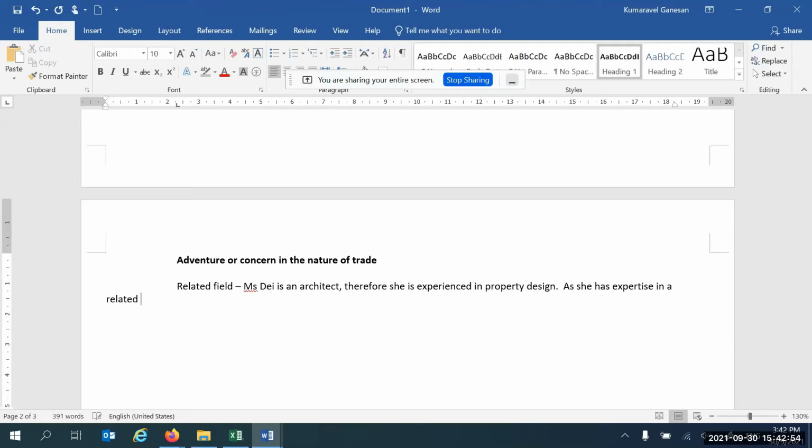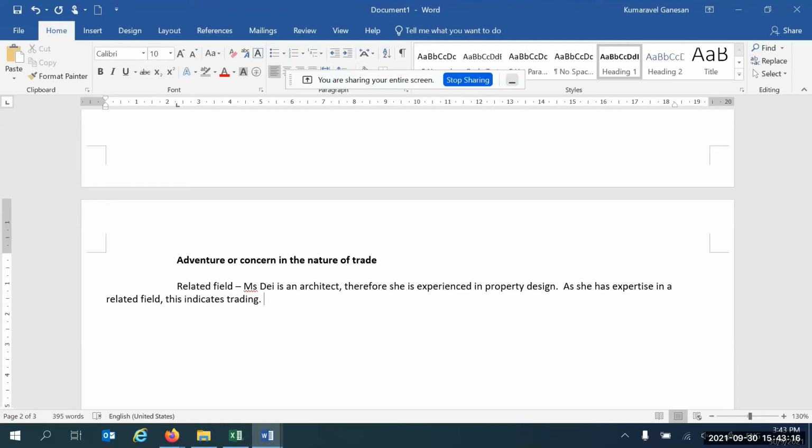There, it will be properly formatted for you. As she has expertise in a related field, this indicates trading. Now, can use short form. Instead of writing adventure in the nature of trade, it is understood. As I said, the points are the same. So something like that, related field.